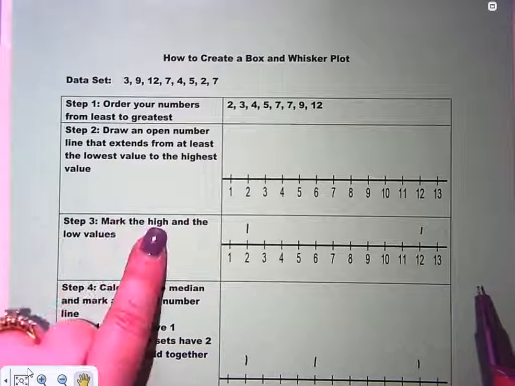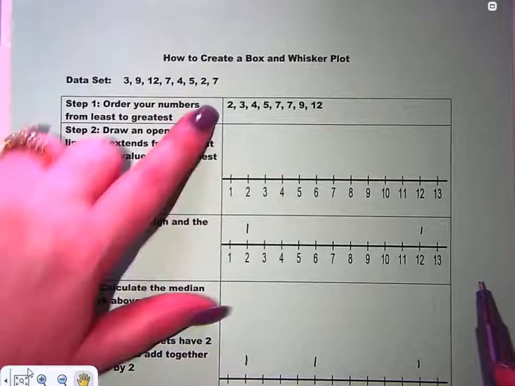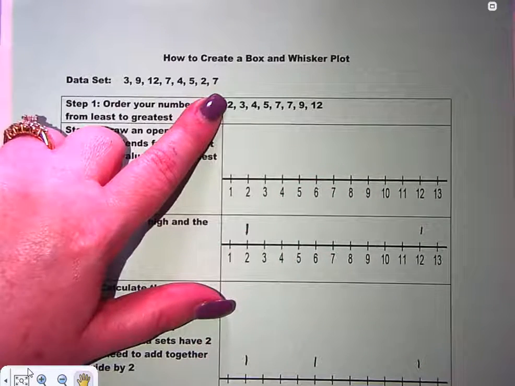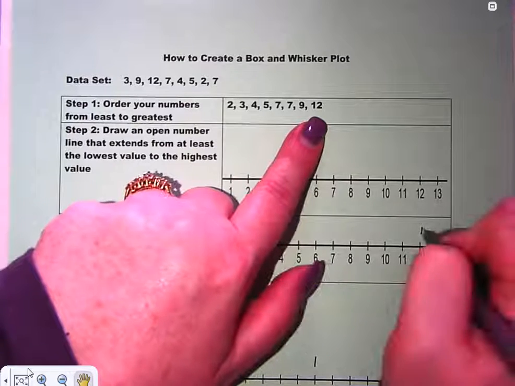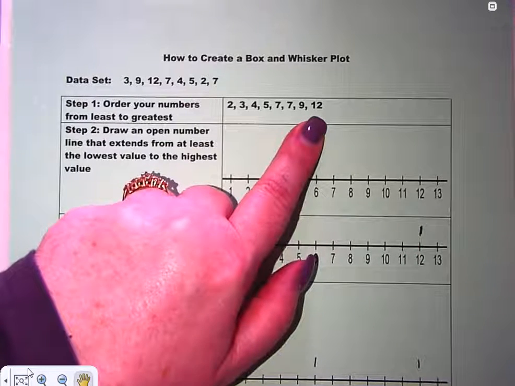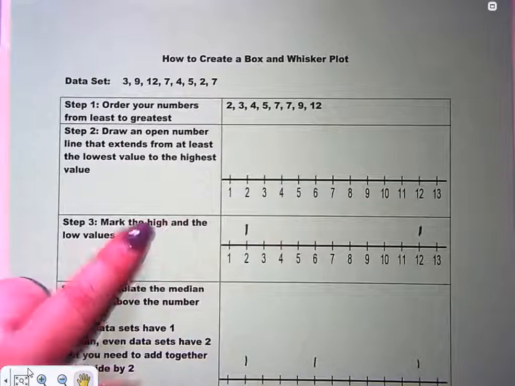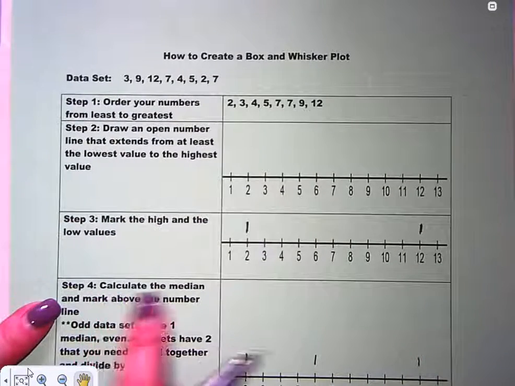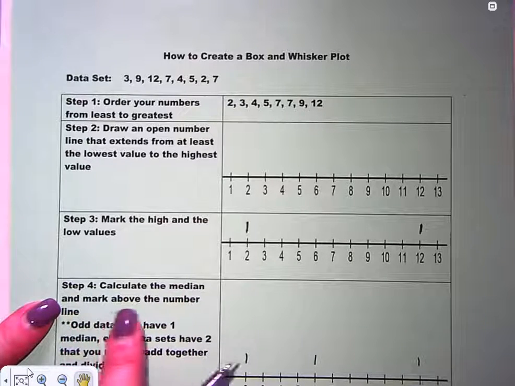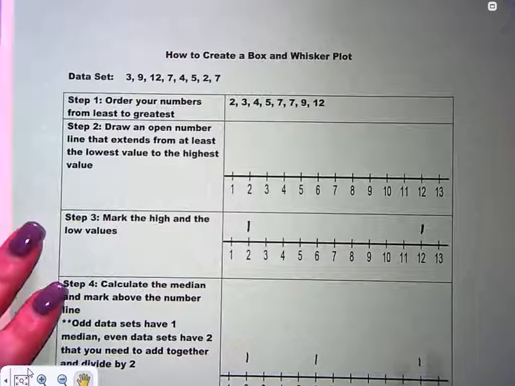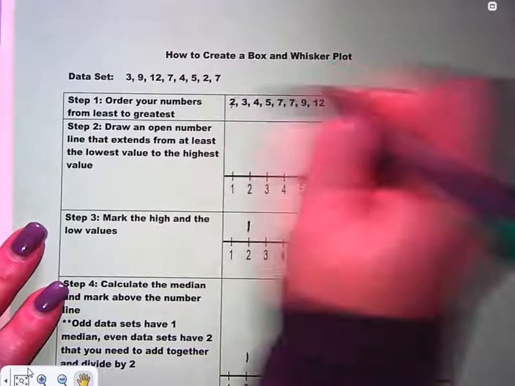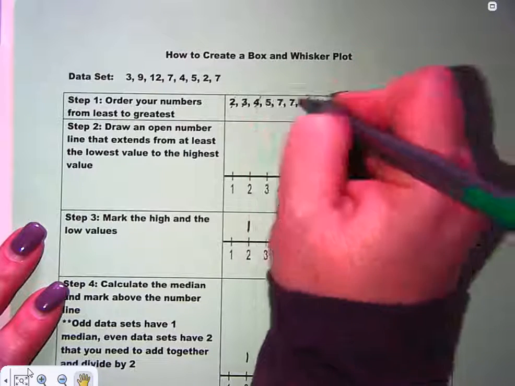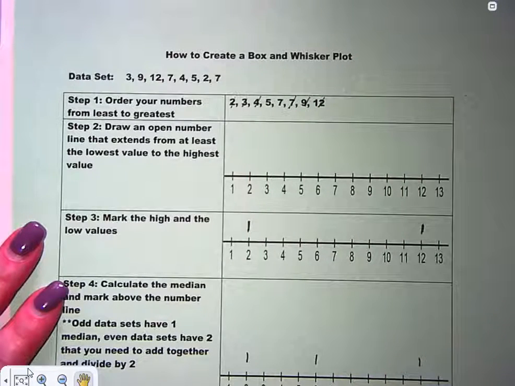Step 3, mark the high and the low values. Where the 2 is, you should have a line. Where the 12 is, you should have a line. Okay, so we've marked the high and the low. Next we need to calculate the median and mark above the number line. How do I find the median? We go 1, 1, 2, 2, 3, 3, and how many are in the middle? 2.